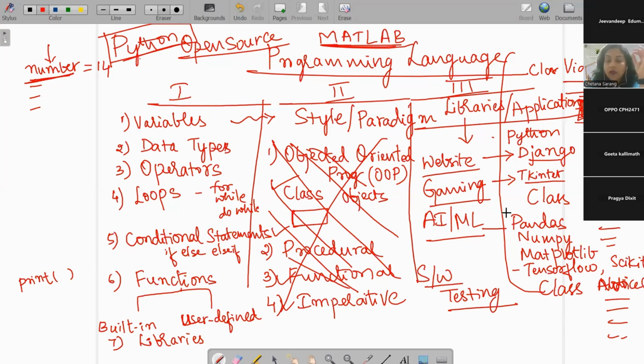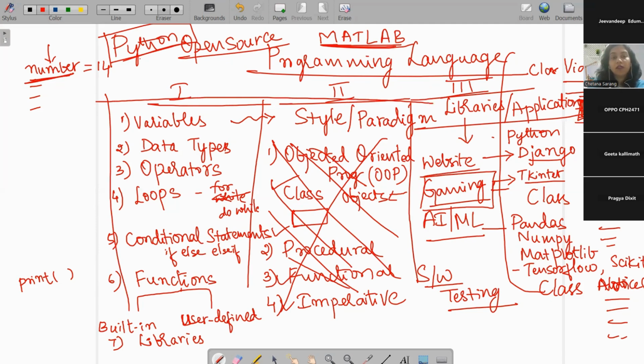They should be able to say, I have built a game using Python. Then somebody will understand he or she knows how to work with these libraries. And when building a game, they will definitely have involved classes and objects, and the fundamentals will definitely be there. So saying I have built this game using Python means the first two dimensions are already covered.